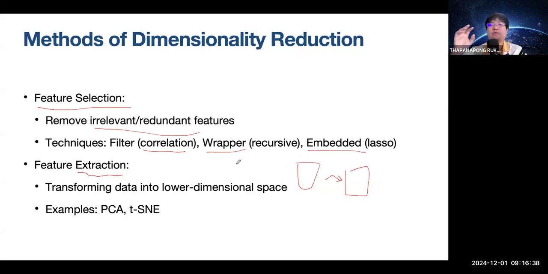But for feature selection, you need some background information on the data, so you can pick the features better. We will learn 4 methods, and the main examples will be PCA and t-SNE.